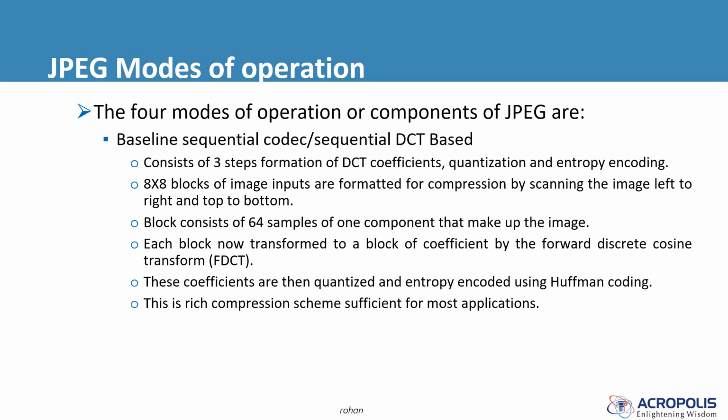A block consists of 64 samples of one component that make up the image. Each block is transformed to a block of coefficients by the forward discrete cosine transform. The coefficients are then quantized and entropy encoded using Huffman coding. This is a rich compression scheme sufficient for most applications.